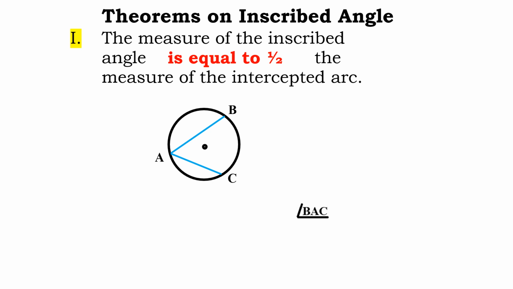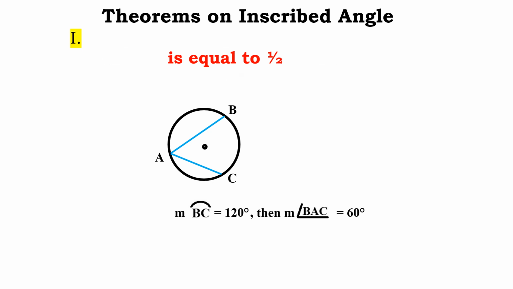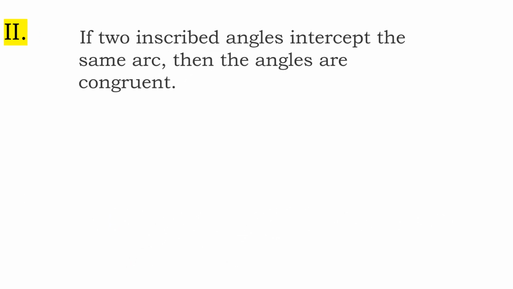Angle BAC is an inscribed angle and arc BC is its intercepted arc. If the measure of arc BC is equal to 120 degrees, then the measure of angle BAC is equal to 60 degrees because 1/2 of 120 is 60.